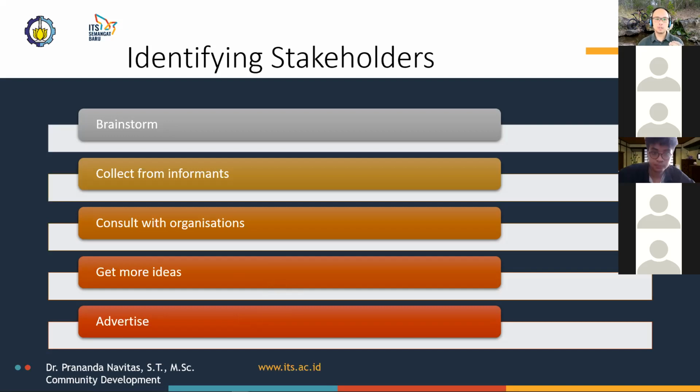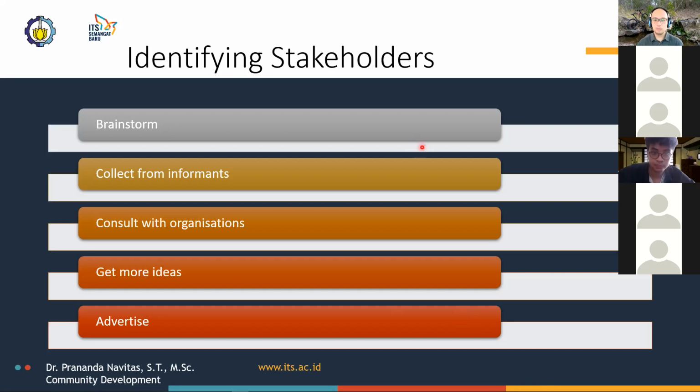So advertising is not exclusively getting an advertiser to broadcast it on telly or on radio, but you can also use community meetings and community organizations and such to get the news out. Through advertising, you may even find people who consider themselves stakeholders, whom you haven't even thought about.